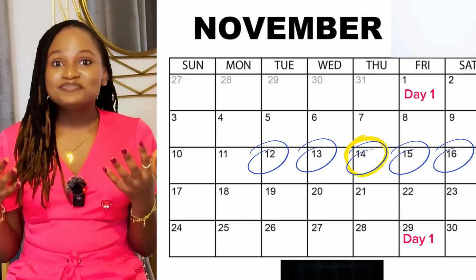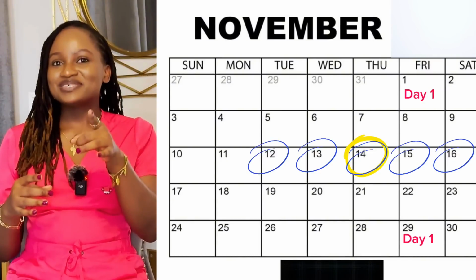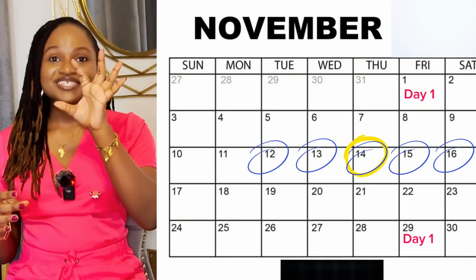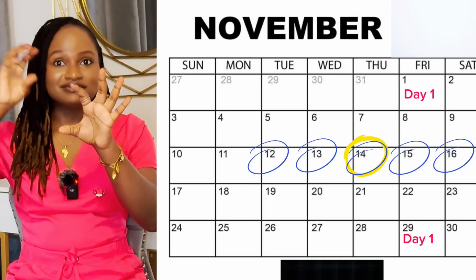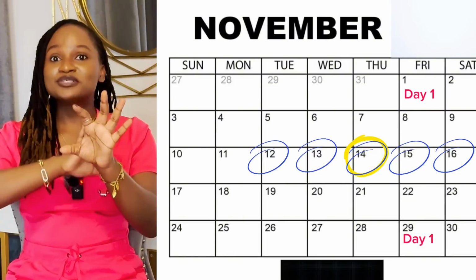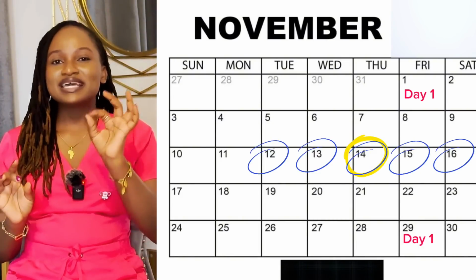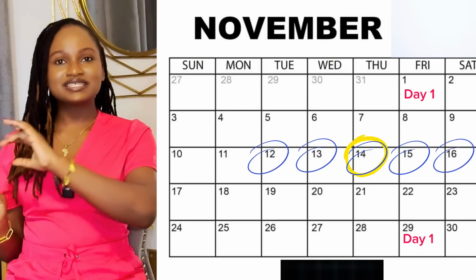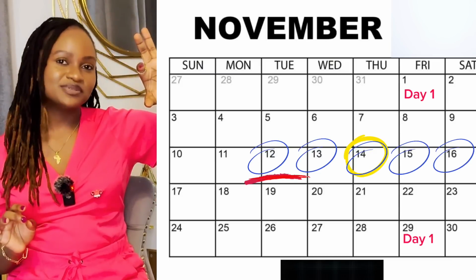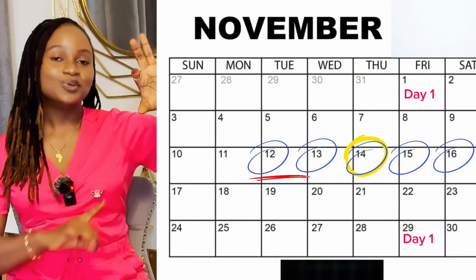Now that being said, remember that we said ovulation is not constantly on that day. So we said 14 plus or minus 2, so 12, 13, 14, 15, 16. Now we're going to take the earliest possible day that she can ovulate, which is day 12.